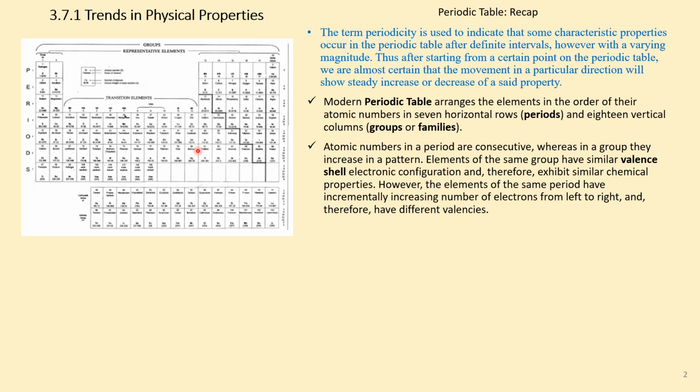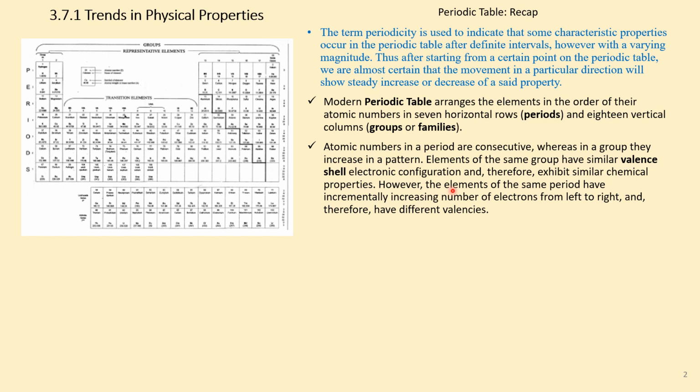Elements of the same group will have similar valence shell electronic configuration and therefore exhibit similar chemical properties. So I will repeat this. Elements of the same group have similar valence shell electronic configuration, and therefore exhibit similar chemical properties.